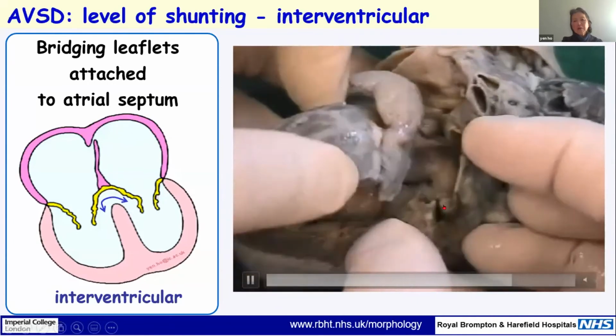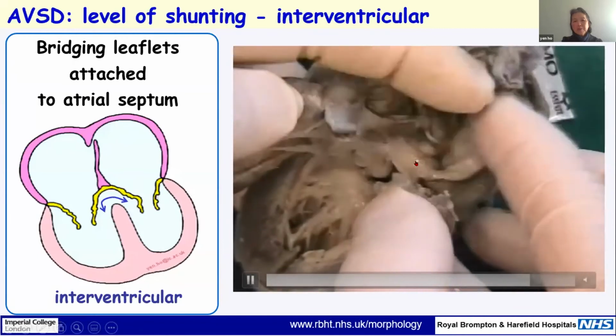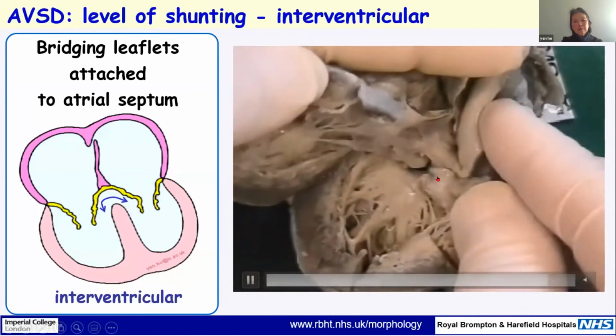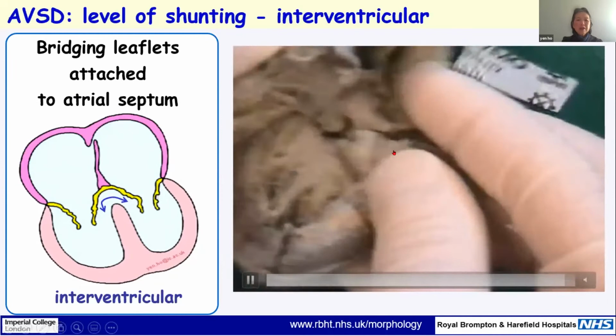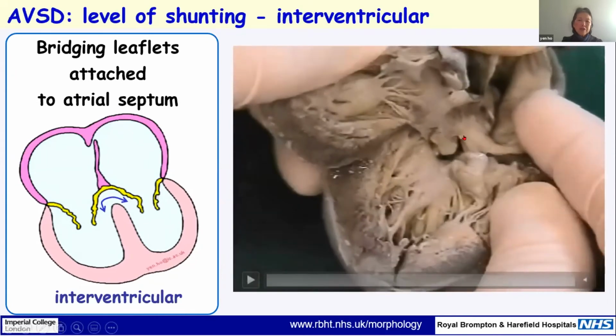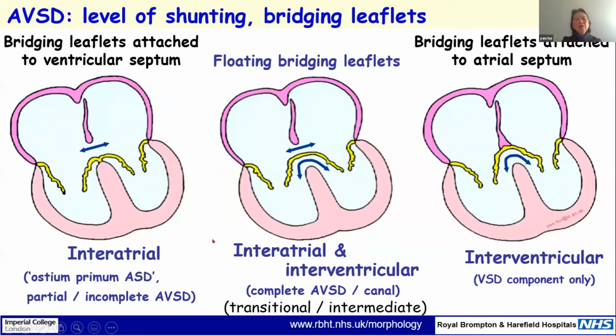And turning down to the left atrium, left ventricle, we see again the leaflets attached more or less to the underside free margin of that atrial septum, thereby giving you the level of communication at the ventricular level. And this diagram just summarizes the three variants of potential communications.